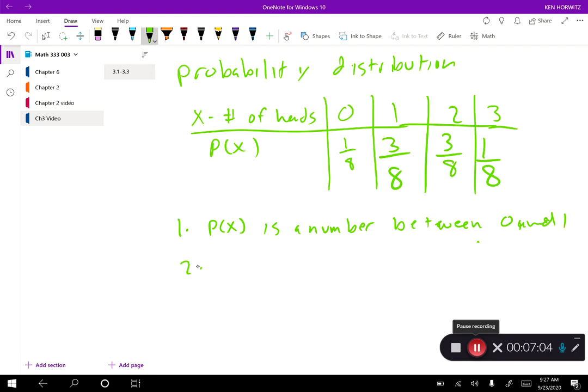Second requirement is that the area always adds up to 1. So let's take a look at our probability distribution here. I've got 1/8 plus 3/8 plus 3/8 plus 1/8. Do a quick addition. That adds up to 1.